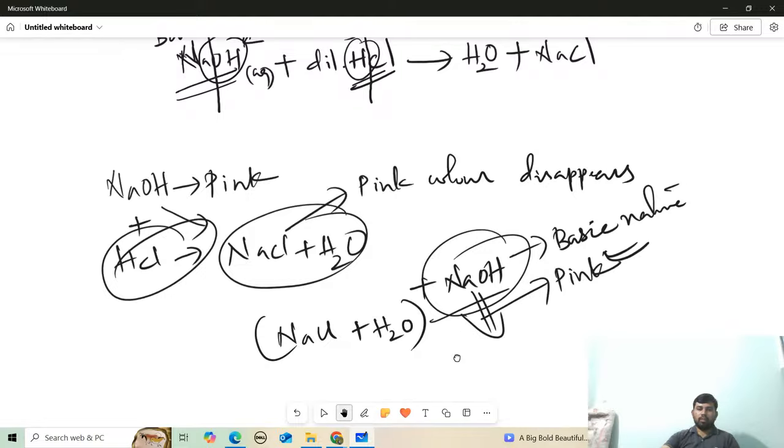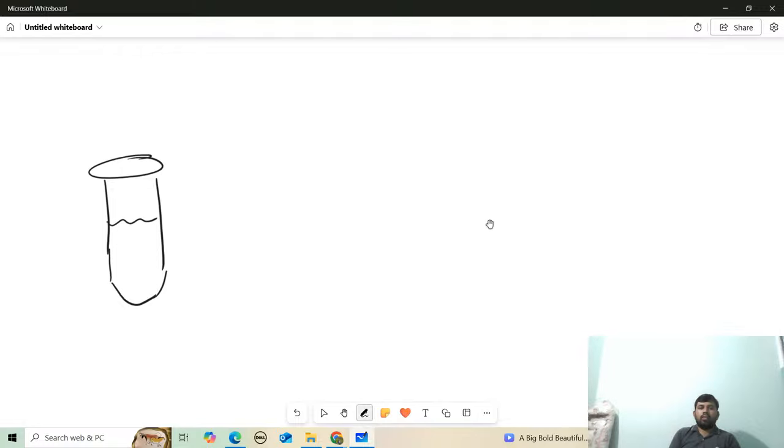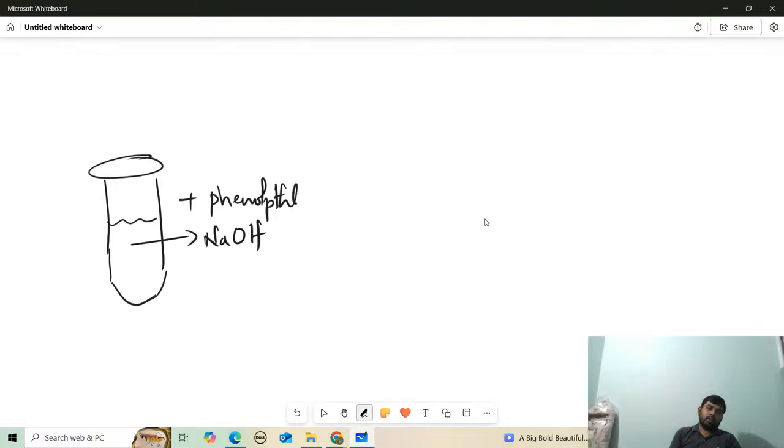Now, here is a test tube. We added NaOH plus phenolphthalein.